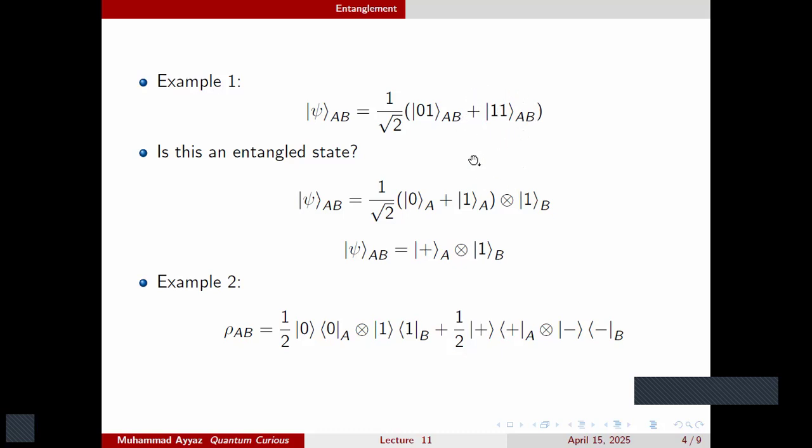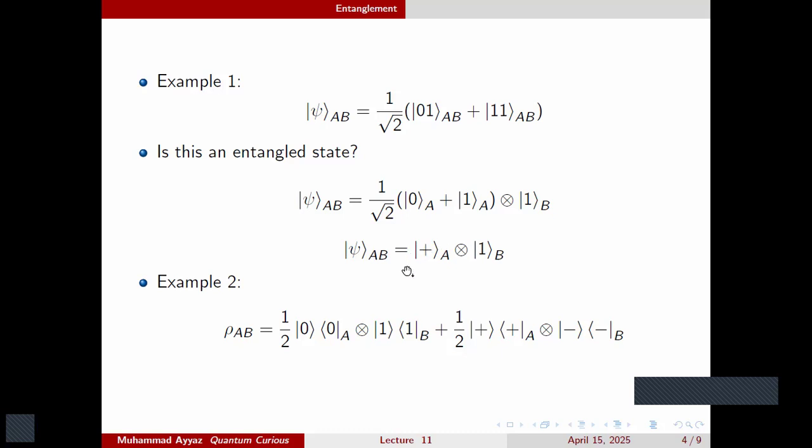So if we factorize that B qubit in state one out of this, we could write it as this. And we could say that it is a separable state, not an entangled state, as we have seen in previous lectures with the EPR state that was called the maximally entangled state. It is just a pure state, a balanced superposition of 0 and 1.